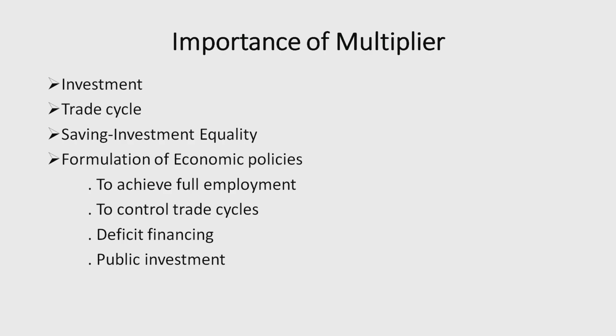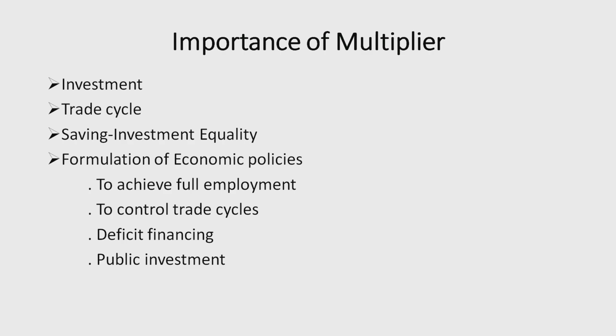First is investment. The multiplier theory highlights the importance of investment in income and employment theory. Since the consumption function was stable during the short-term, fluctuations in income and employment are due to fluctuations in the rate of investment.